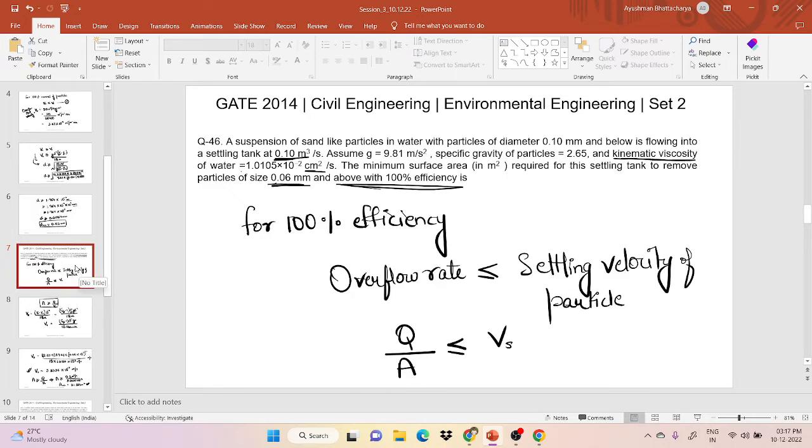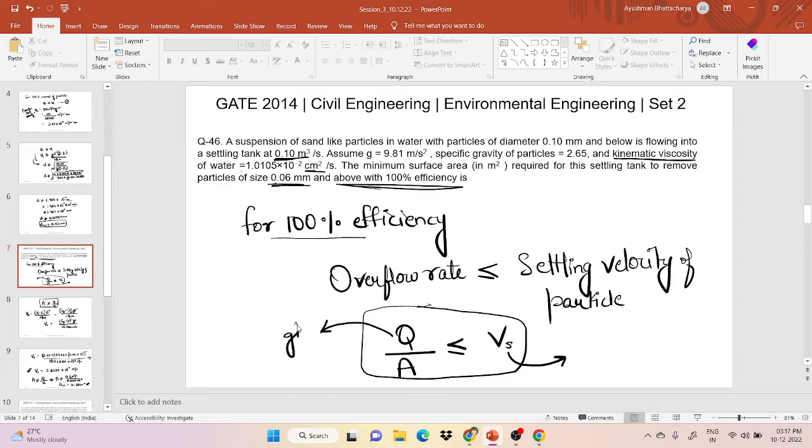Yes, sir. Okay, so in this question we just used the previous concept: for 100% efficiency, overflow rate shall be less than or equal to the settling velocity of the particle. So we have this equation. We calculated the value of Vs, Q is given, and then we calculated the area.